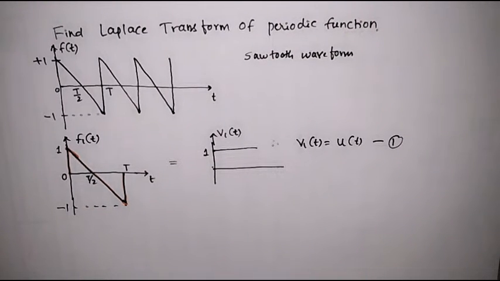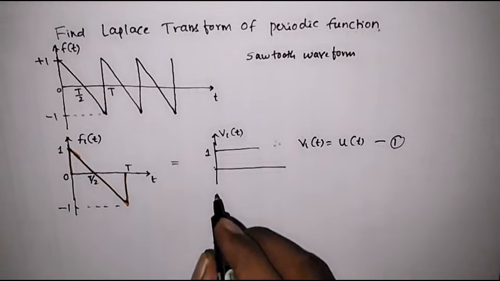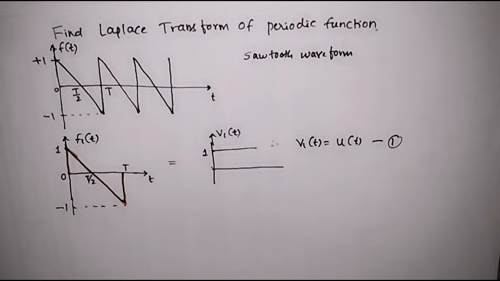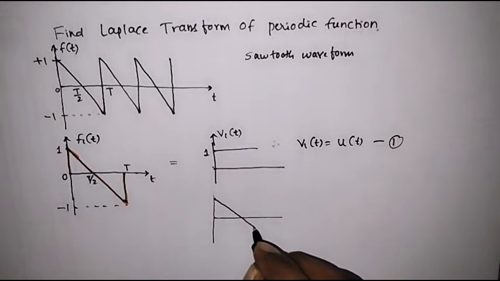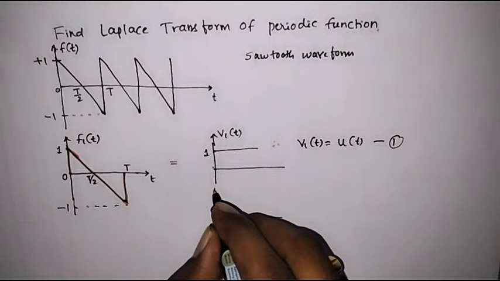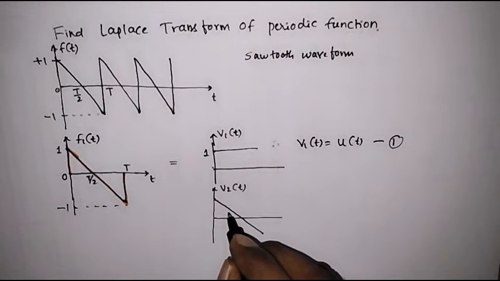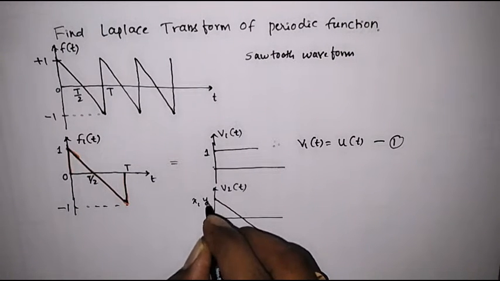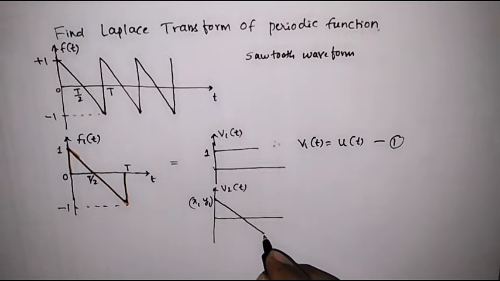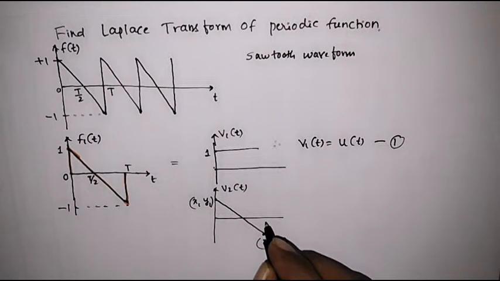Now we are supposed to find the slope of this waveform. We have the next waveform something like this. I will call it v2 of t. Now we'll find the slope of v2 of t. We'll assume this point has coordinates x1, y1, and this point has coordinates x2, y2.